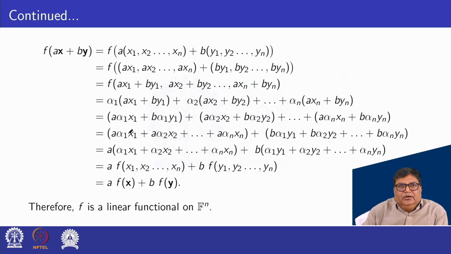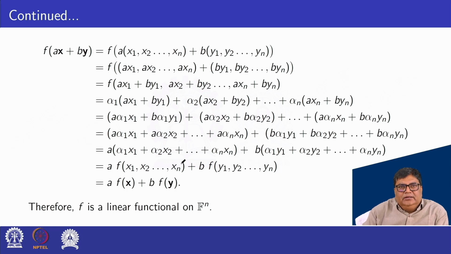Okay, so common a in the first term and common b from the second term. So we can write a into alpha 1 x1 plus alpha 2 x2 plus and so on alpha n xn, plus b into alpha 1 y1 plus alpha 2 y2 plus and so on alpha n yn.